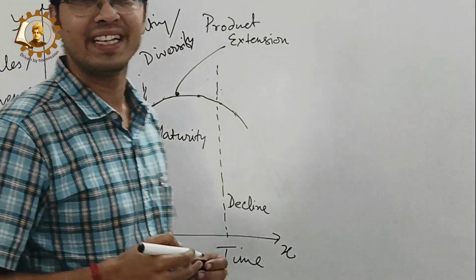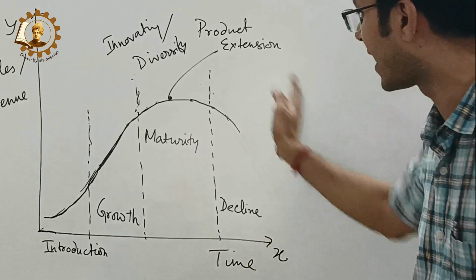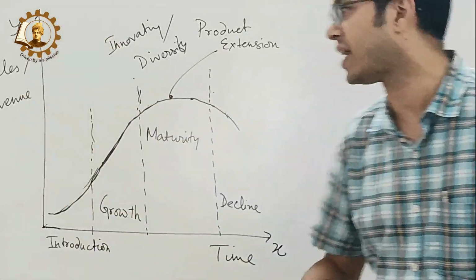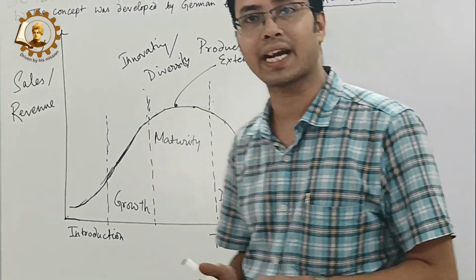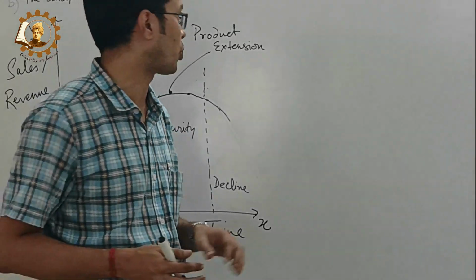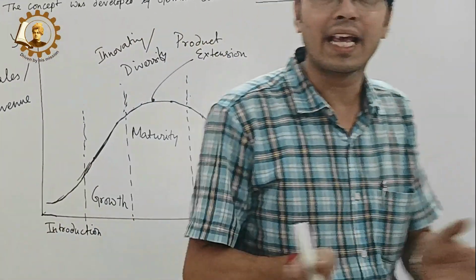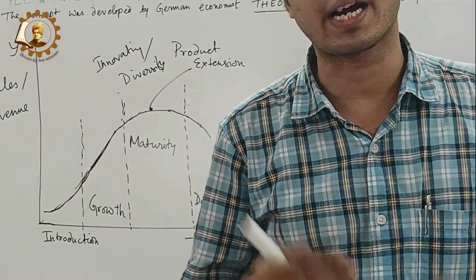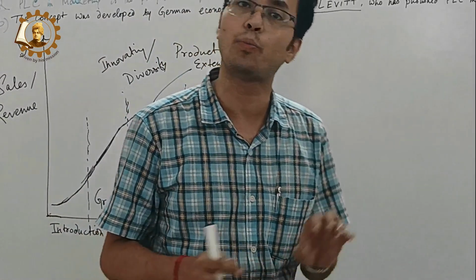So what do they do? They either innovate new products, introduce the new products in the market, then it will again start from the introduction phase, or they re-engineer the product, they re-innovate the product, and they create a better version or a more acceptable version of the same product. So that is where you generally diversify. You can sometimes create more versions of the product, an upgraded version of the product. That is how you can diversify, or you can launch a new product altogether.